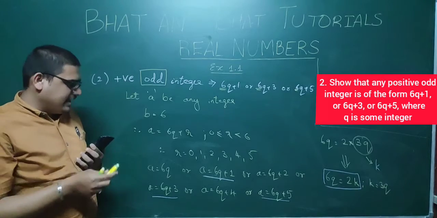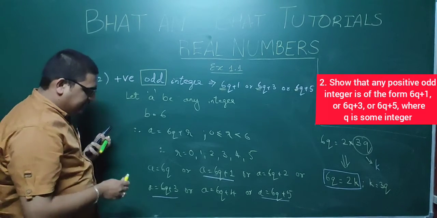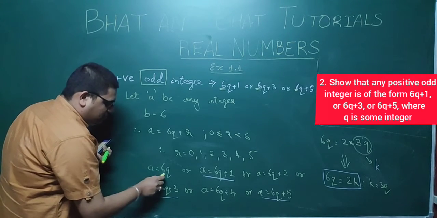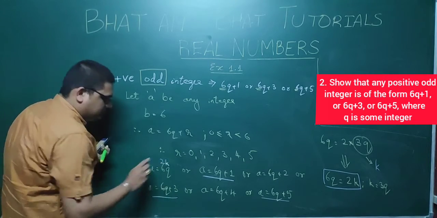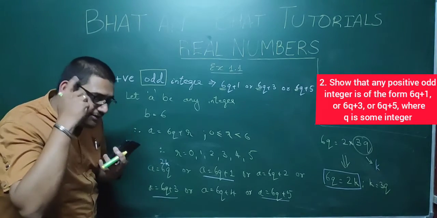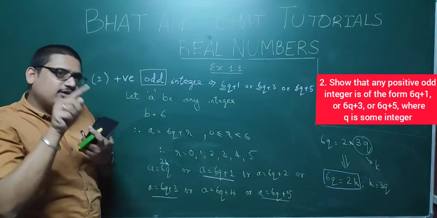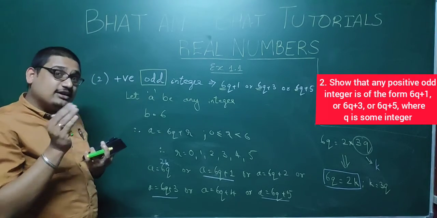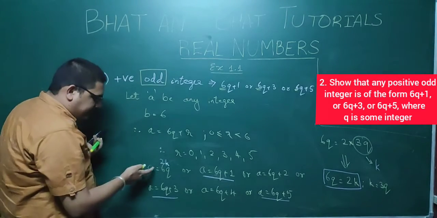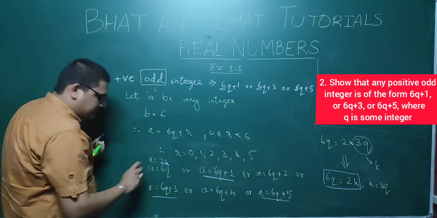Okay. So let me observe now. If I represent 6q as 2k, where k is 3q, that we should keep in mind, because 2 into 3 into q is 6q. It is called substitution.